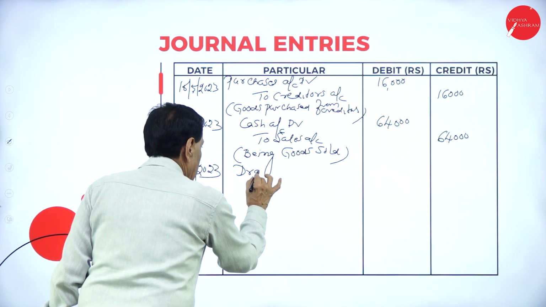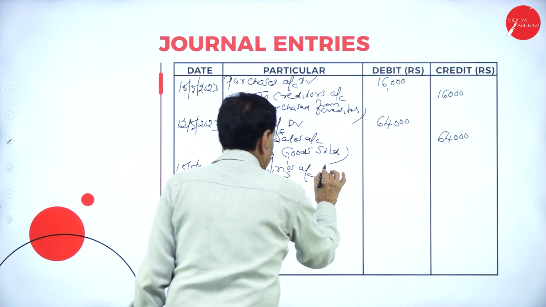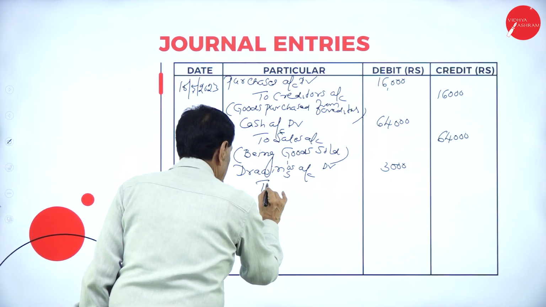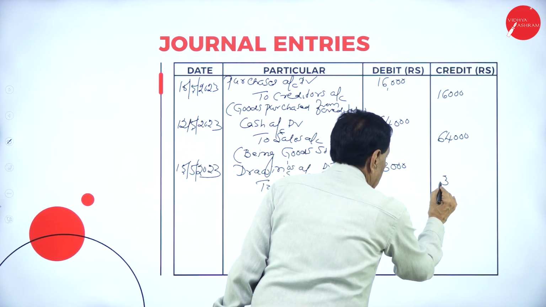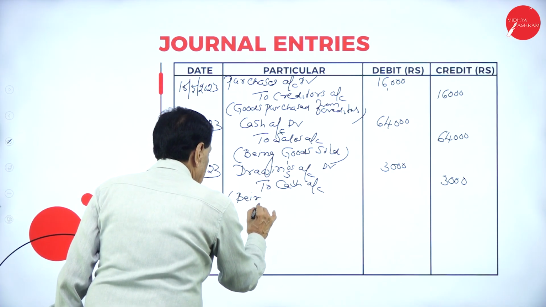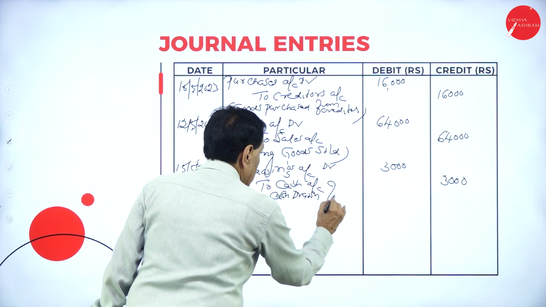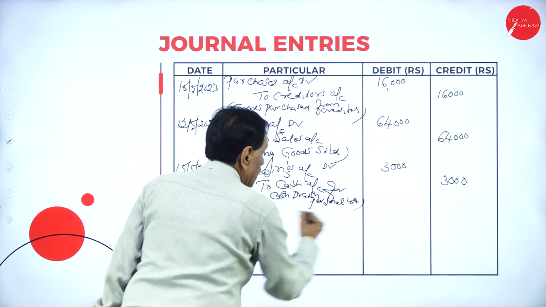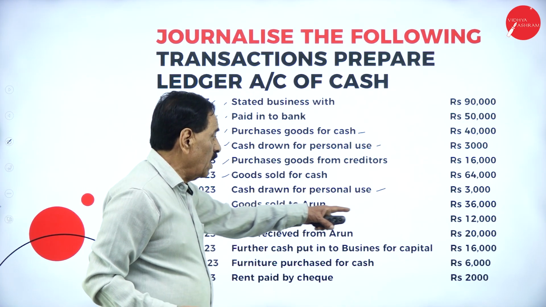Drawings account debit, 3,000, to cash account, 3,000, being cash drawn for personal use. The 15th is over.